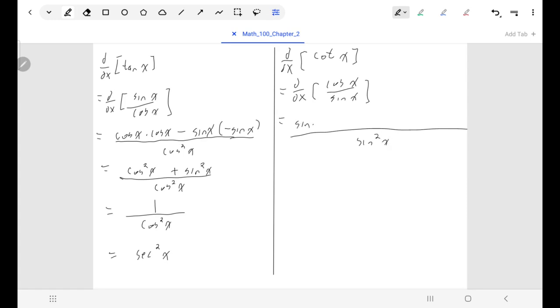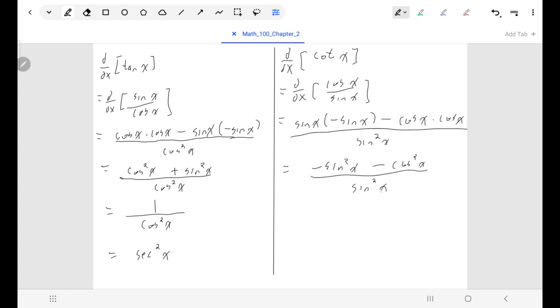Then sine will come up. The derivative of cosine is negative sine. You'll have minus, cosine will stay as it is. The derivative of sine is cosine. We'll have negative sine squared minus cosine squared on the top.